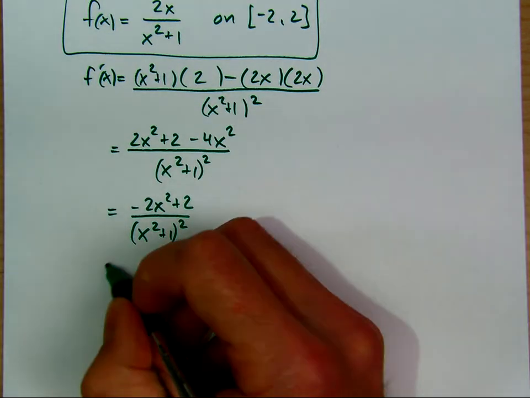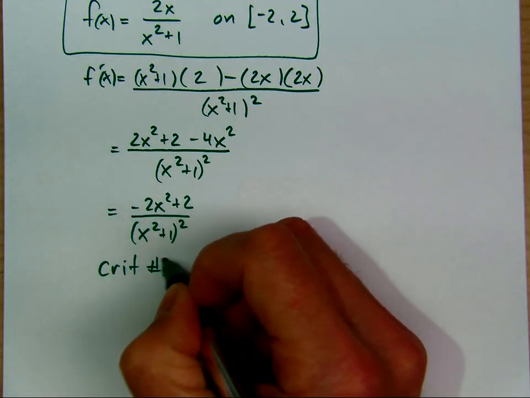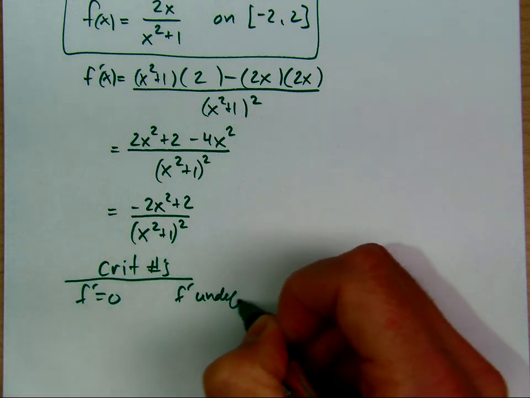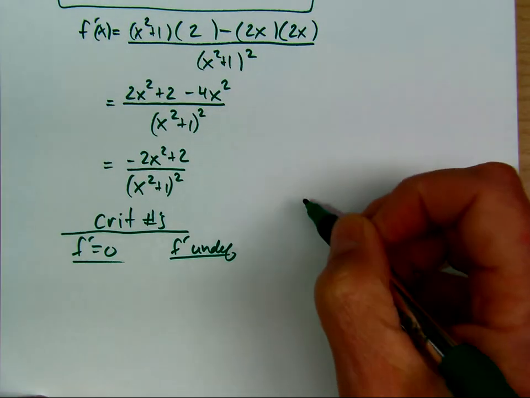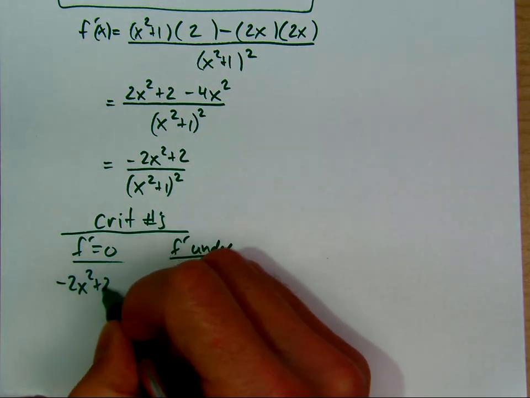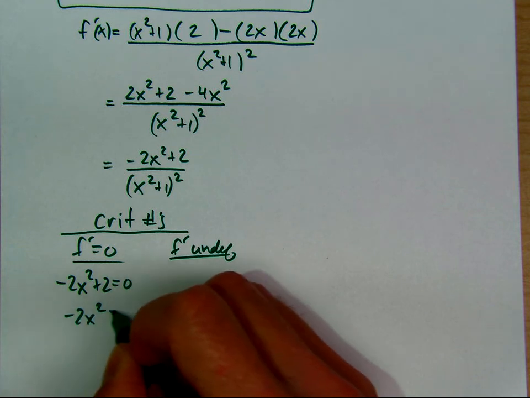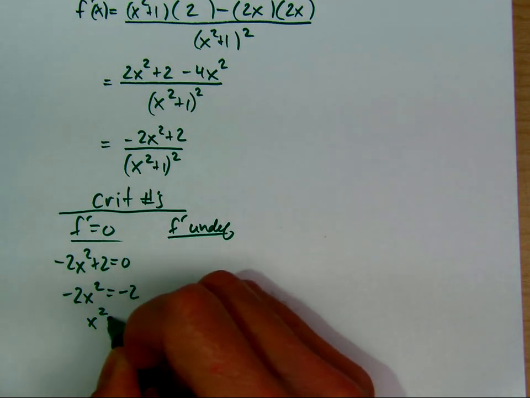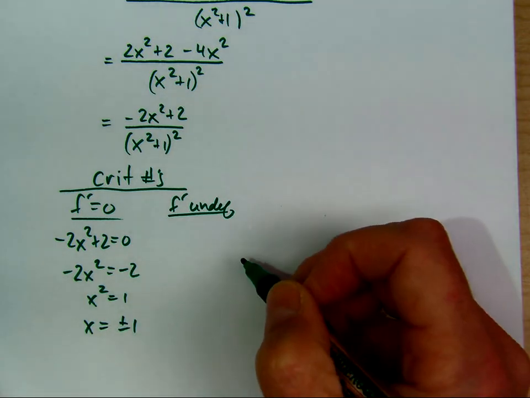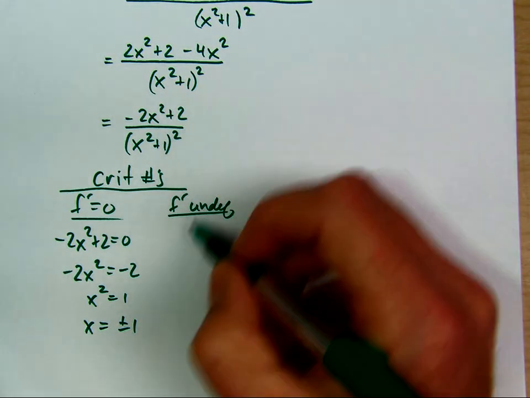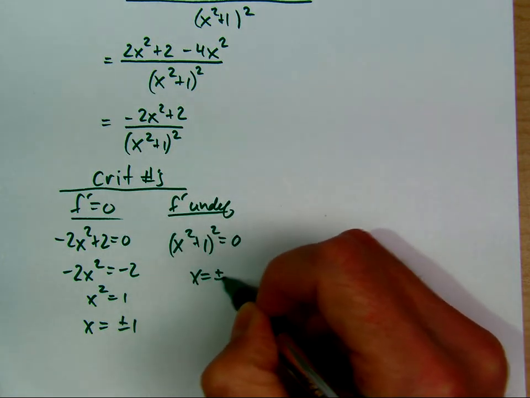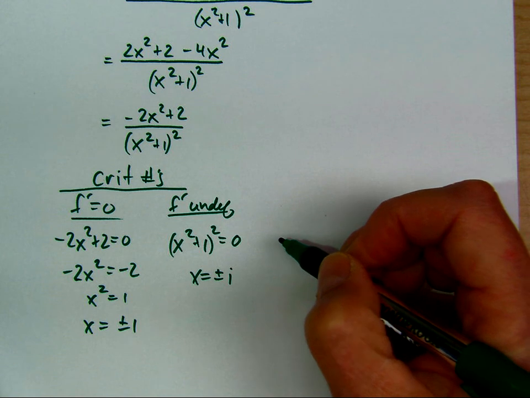And the critical numbers are when f prime is 0 or f prime is undefined. A rational is 0 when the numerator is 0. And a rational function is undefined when the denominator is 0. No critical numbers from that.